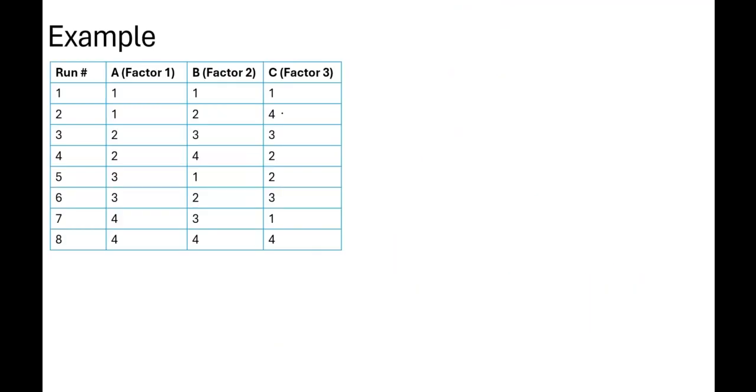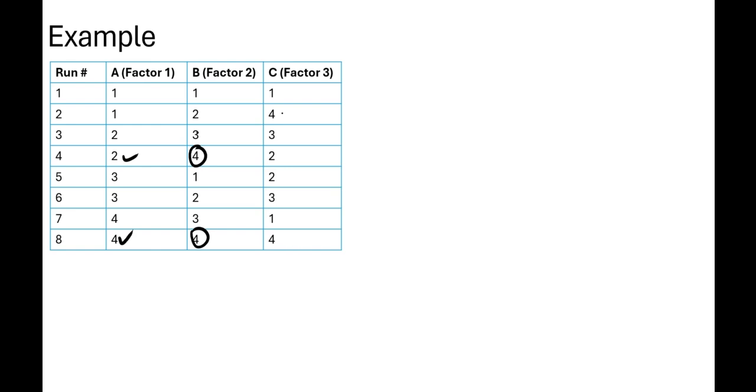So for example, when factor A is at 2, factor B and then C are at 3, 4, 3, 2. It is not repeated. Or let's check for factor 4. When it's at 4, A is at 4, 2, it's not repeated. C is at 2 and 4, it's not repeated.